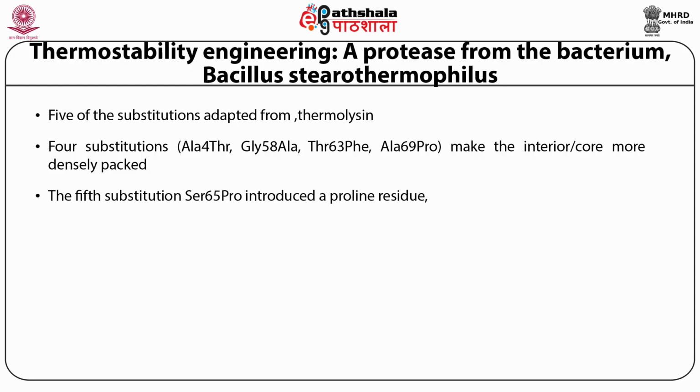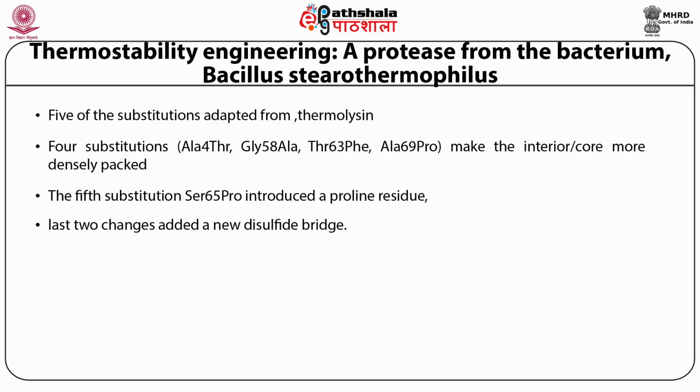As we have seen in an earlier slide, the introduction of proline into the structure of a protein results in the thermostability of the protein. And the last change in that protein was that a new disulfide bridge was introduced by the introduction of 2 cysteine amino acids.